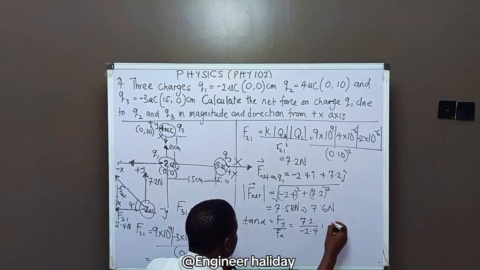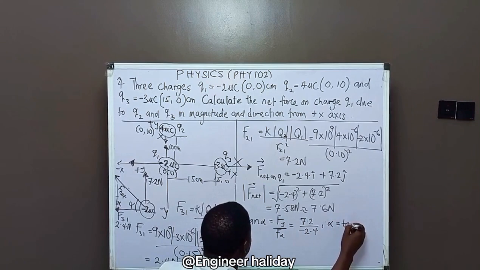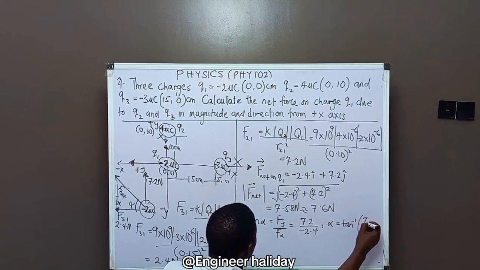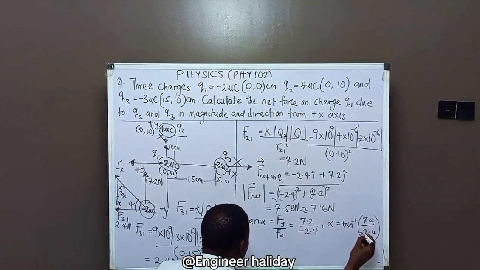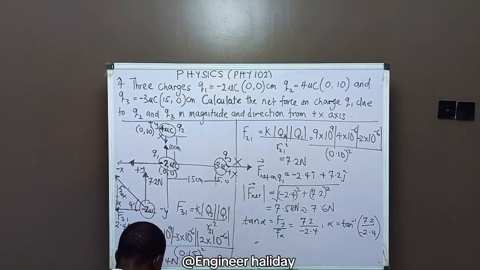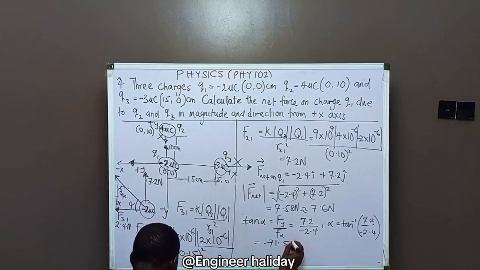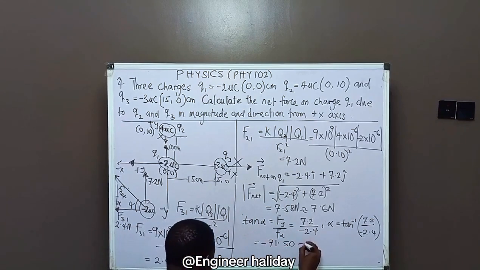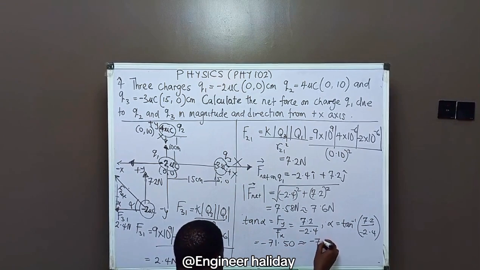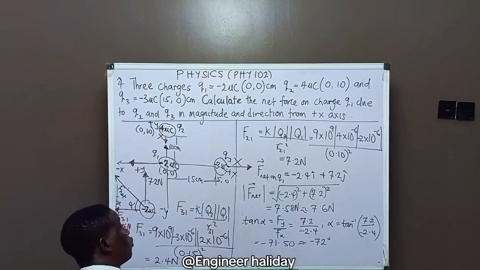Then alpha equals tan inverse of 7.2 over minus 2.4. So when you press your calculator, you are going to have minus 71.58 or something like that. Approximately, let me say, minus 72 degree. That's what we are going to have.